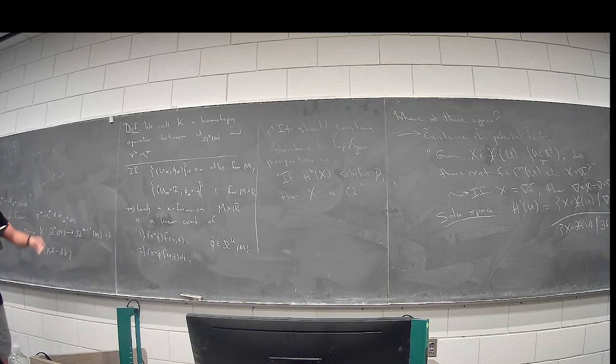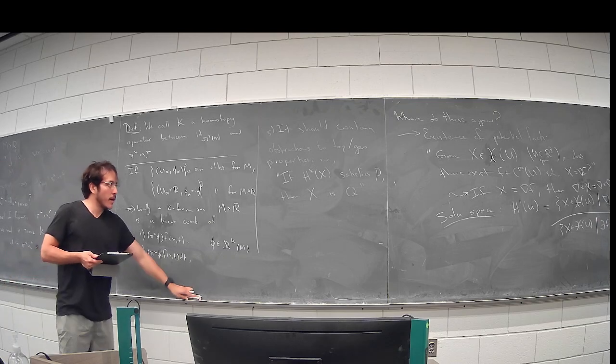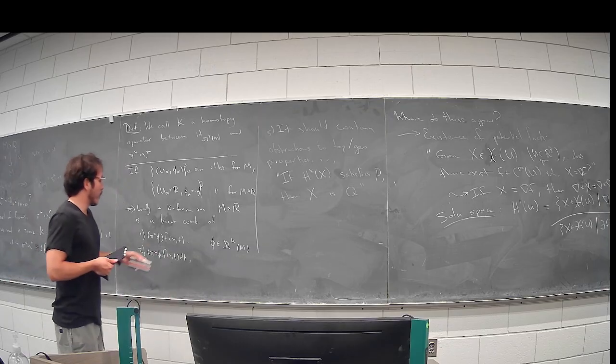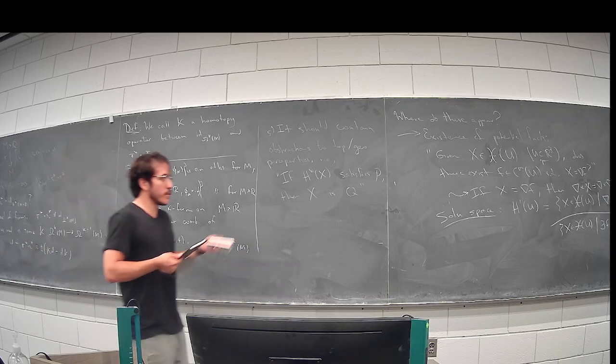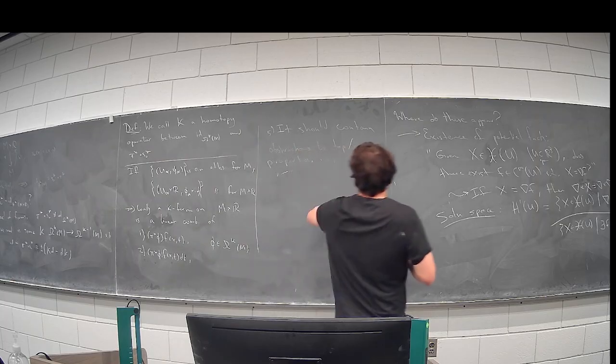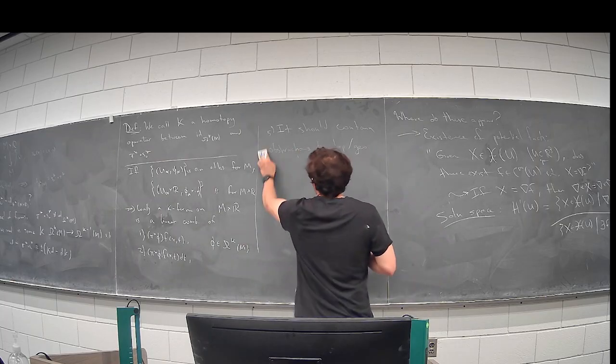Okay, and once you see this, your first thought, if you have a form, the first thing you want to do is integrate it. So that's what they're made for, might as well do it.